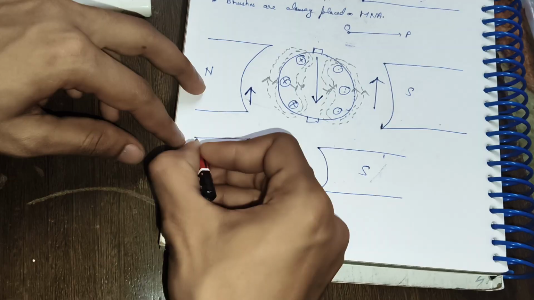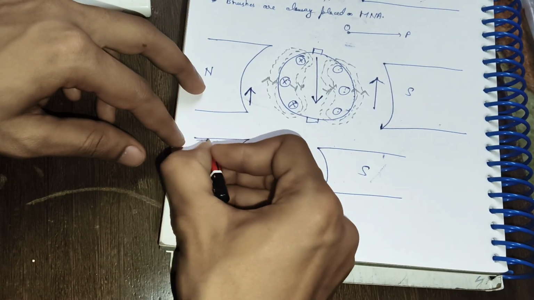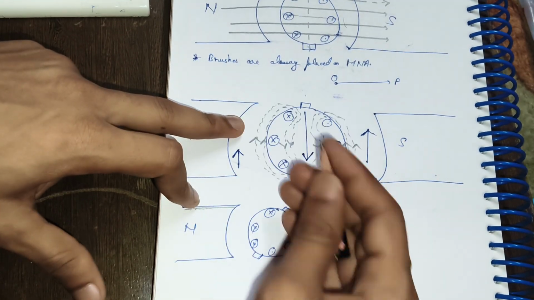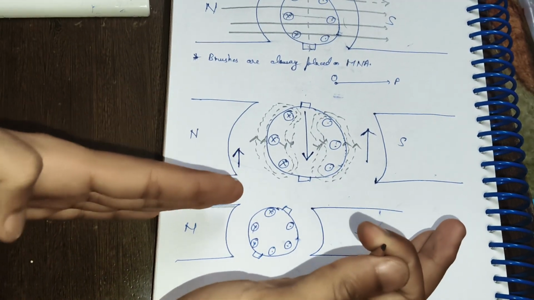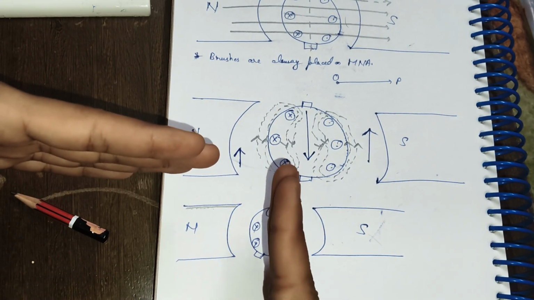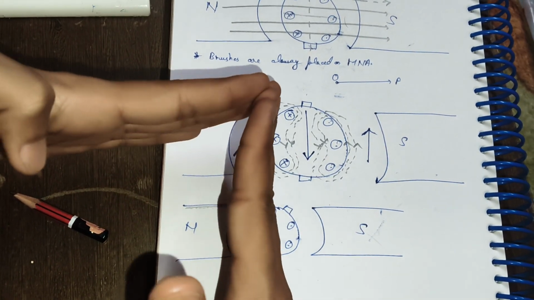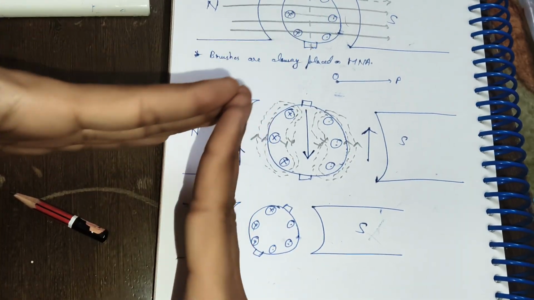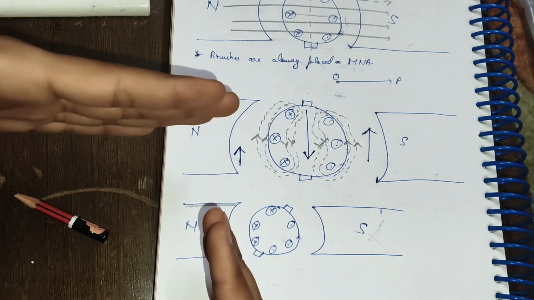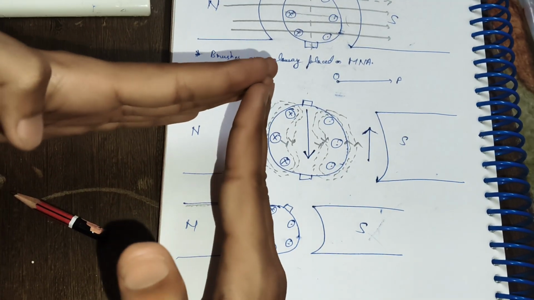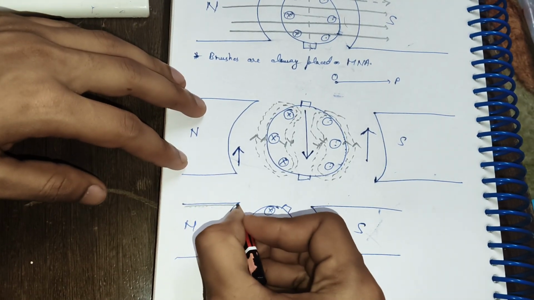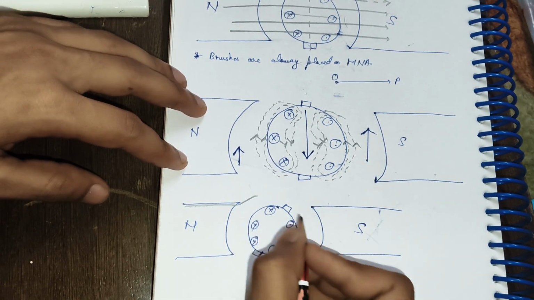Suppose the main magnetic field comes here, and the rotor magnetic field pushes it upward.